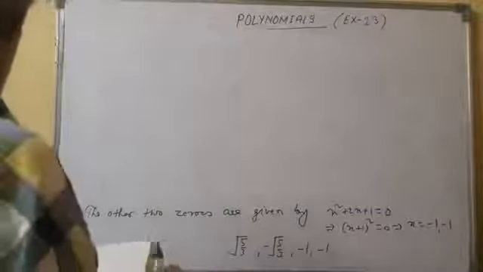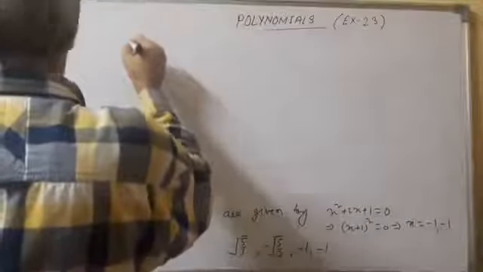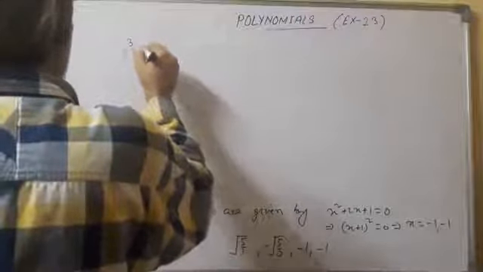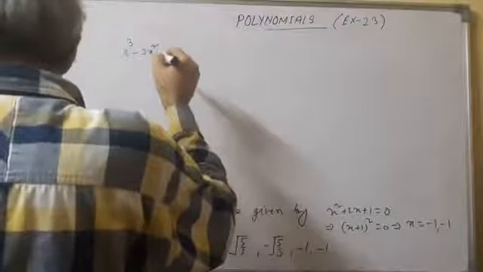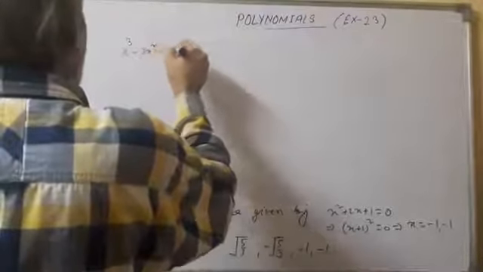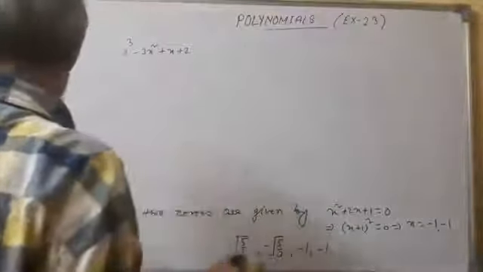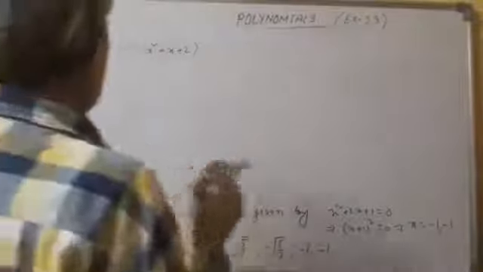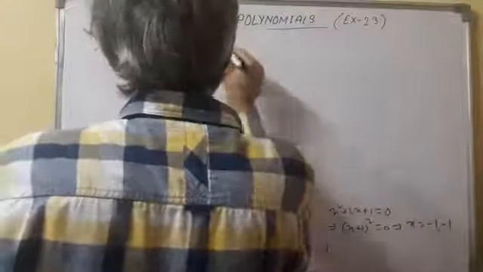Now in question number 4, it says if we divide this x^3 - 3x^2 + x + 2 by g(x), just apply, as we know, dividend equals divisor into quotient plus remainder.